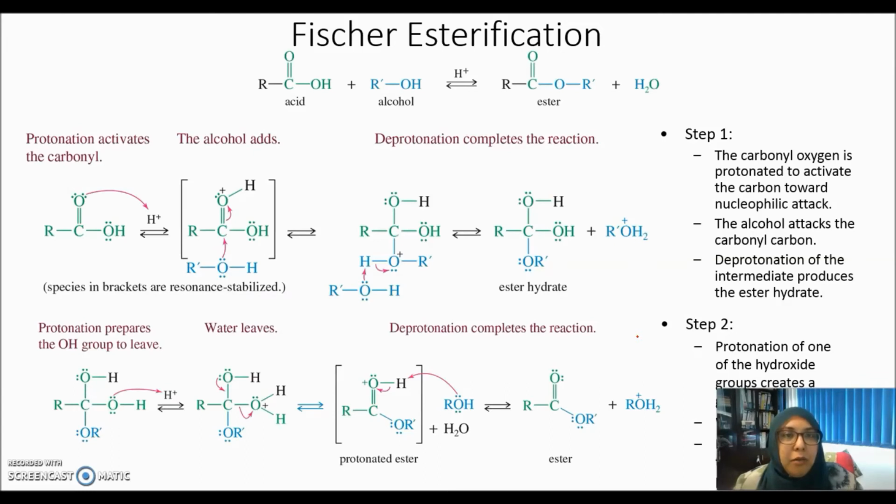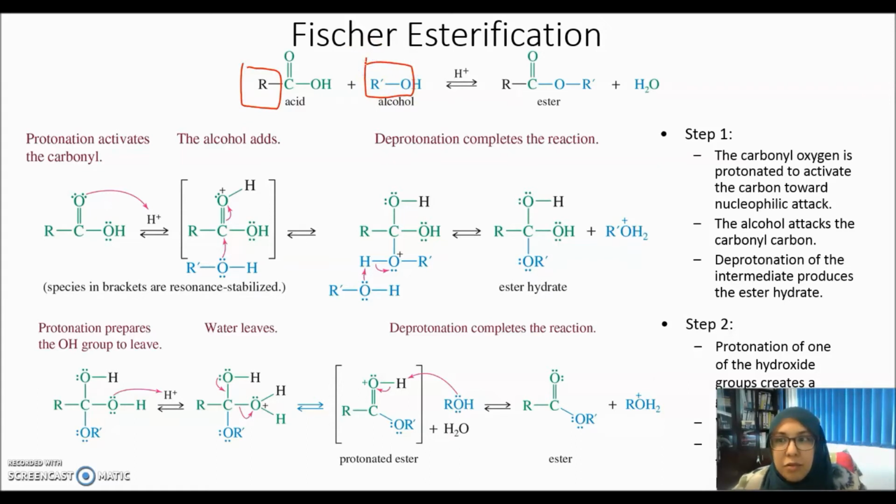It is called Fischer esterification, because what you are using is carboxylic acid and alcohol. So what you are doing is you are going to take this part here, and then merge it with this part there, and then you will get your ester.